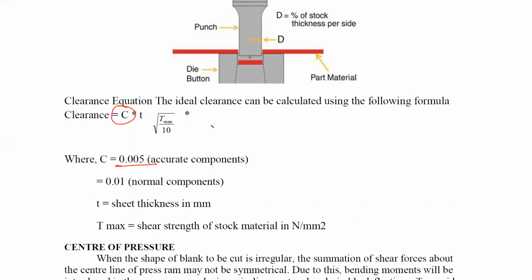For a normal component where you do not require more accuracy, you can take the C value as 0.01. So this is a constant value, which we can take as 0.005 or 0.01.